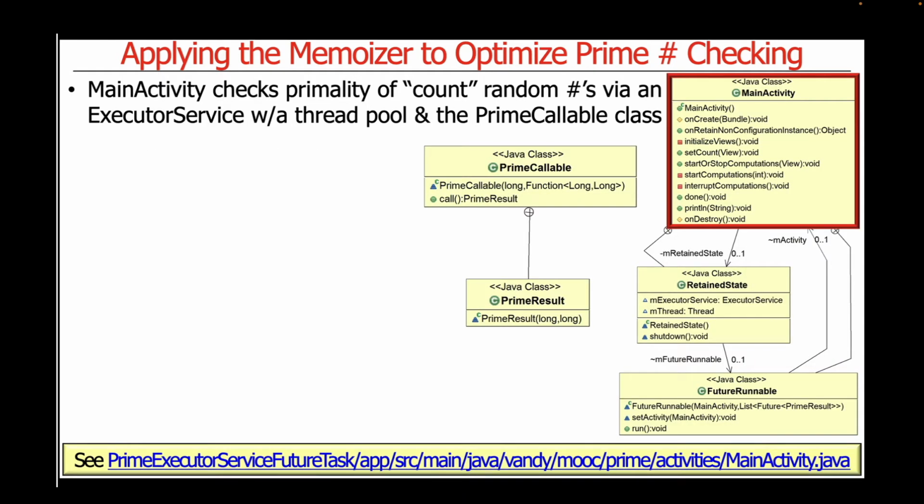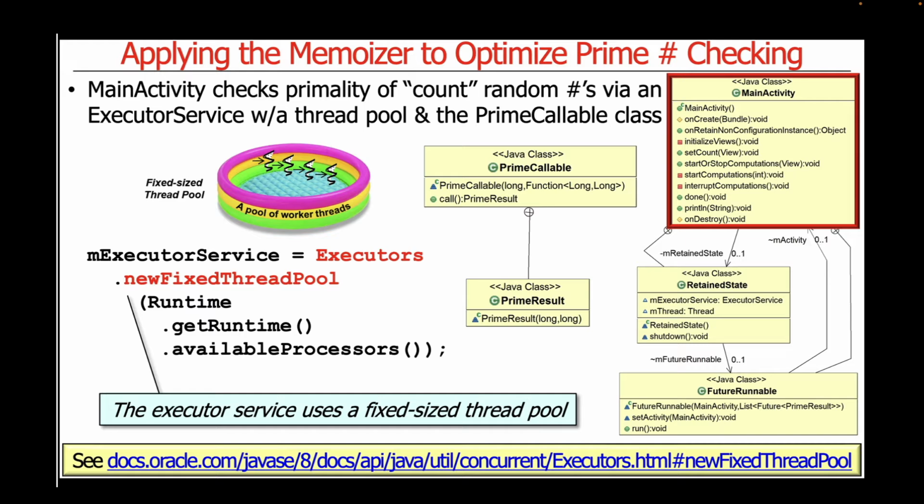Quick recap of the class itself. Main activity checks the primality of count random numbers using the executor completion service with a thread pool and the prime callable class. And so here's what it looks like. We make ourselves a new fixed thread pool.